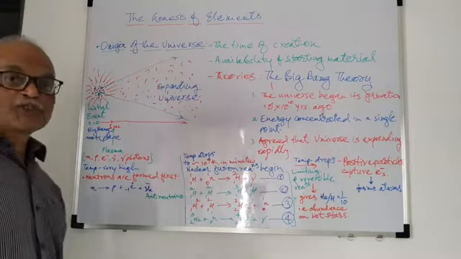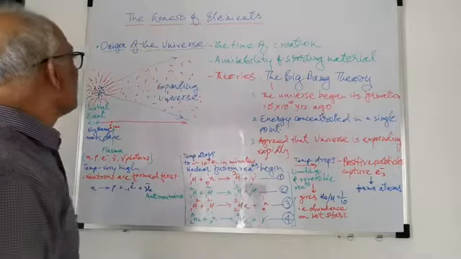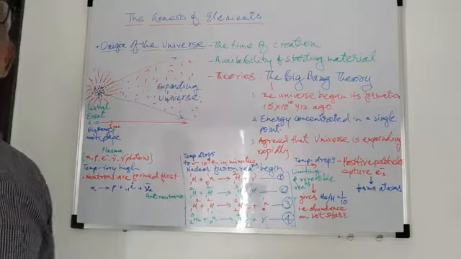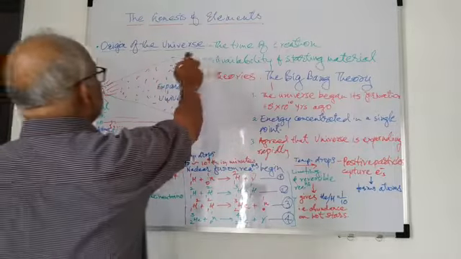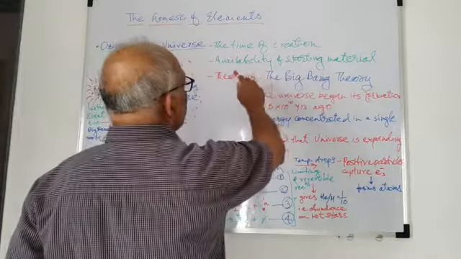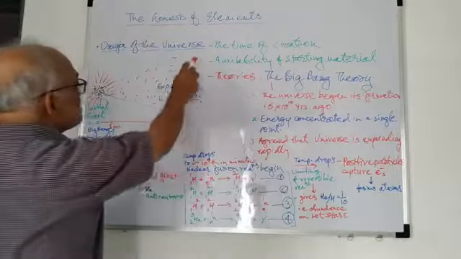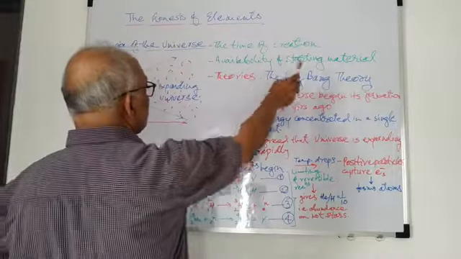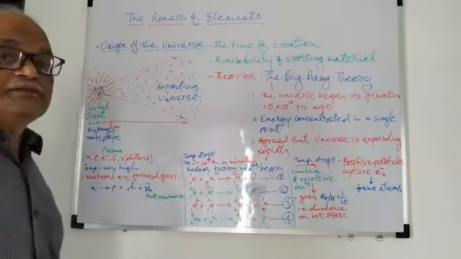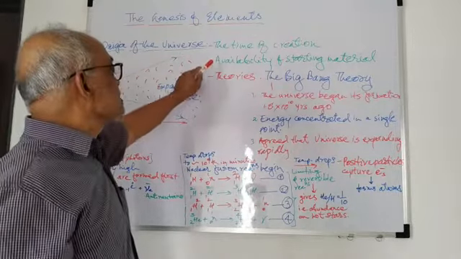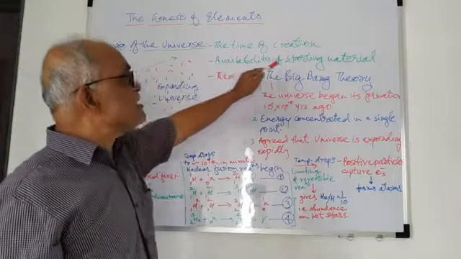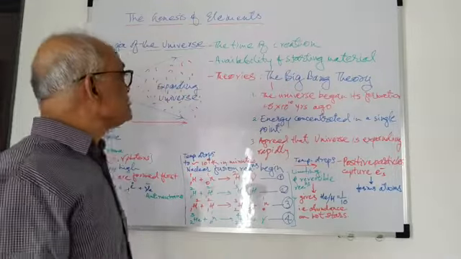So this genesis of elements begins with the origin of the universe. What is meant by origin of the universe? The time of creation. Another thing which is also concerned here is the availability of starting material.